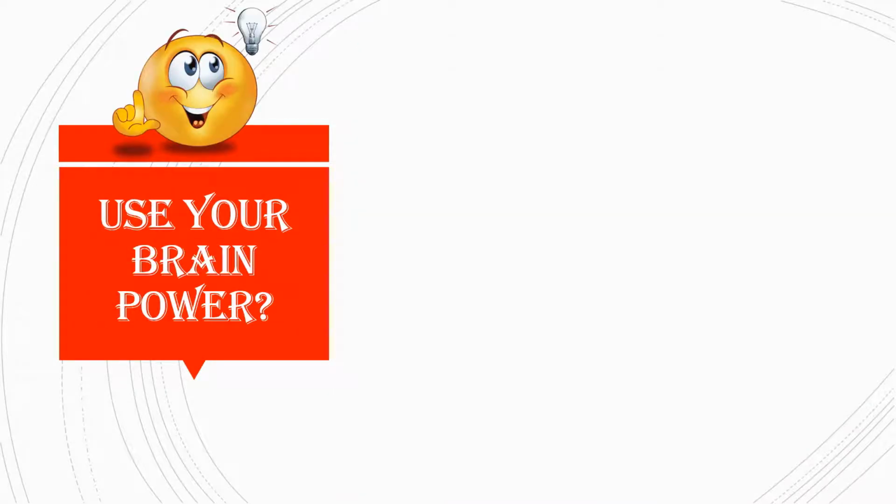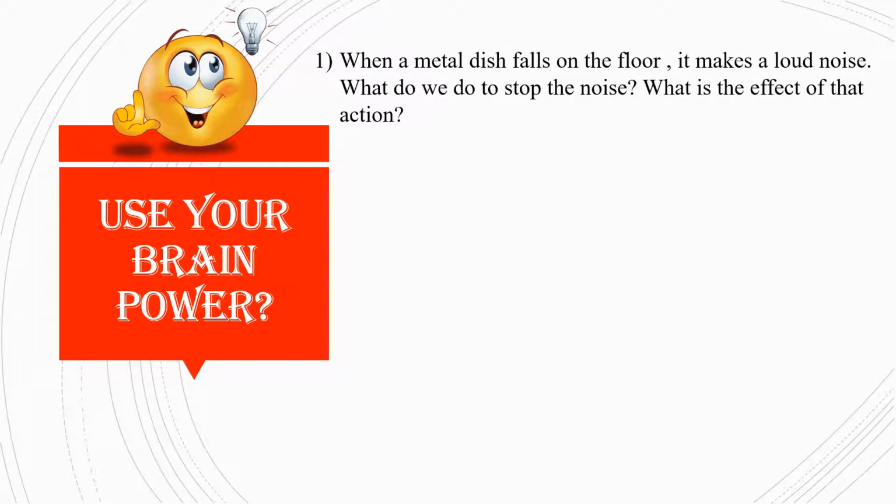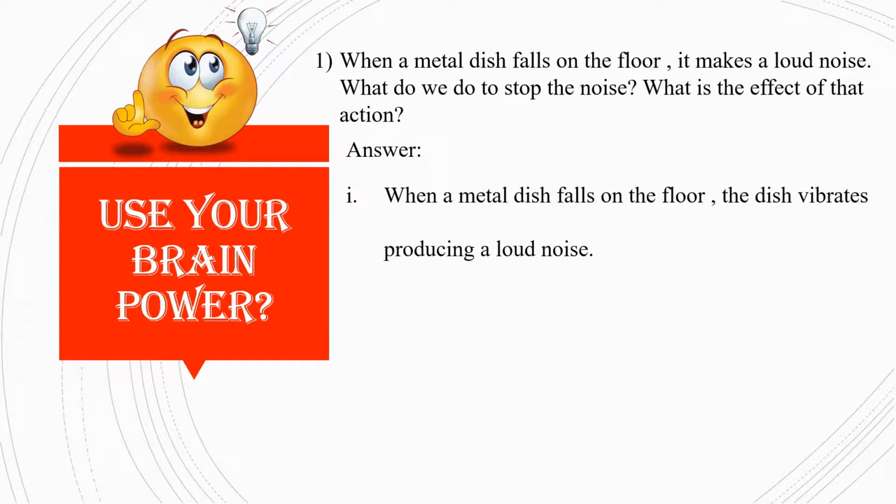Now students, use your brain power to answer this question: when a metal dish falls on the floor, it makes a loud noise. What do we do to stop the noise, and what is the effect of that action? When a metal dish falls on the floor, the dish vibrates, producing a loud noise.